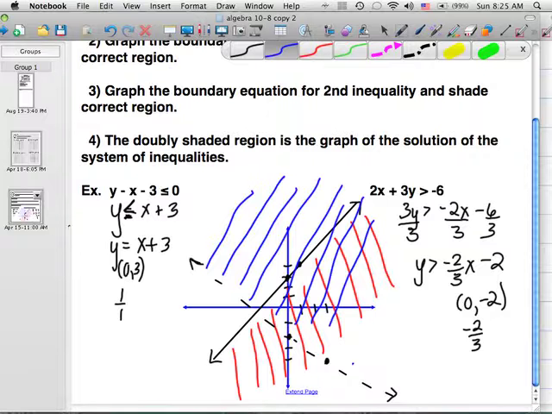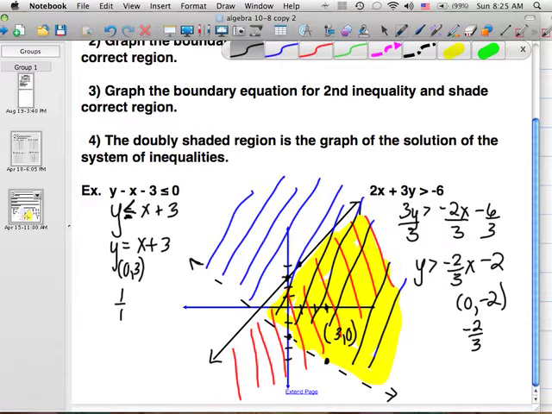And then we find the part that's the double hatched area, so it'd be right in here, and you could actually even shade that to make sure you see it. So if I pick any ordered pair from that region, let's just pick this one right here. This would be the ordered pair 3, 0.